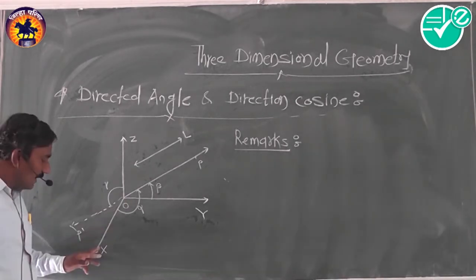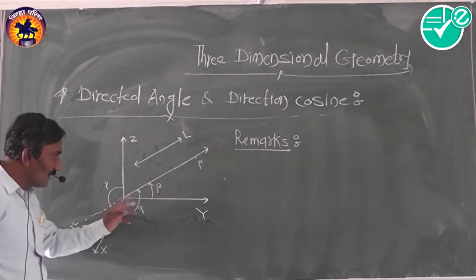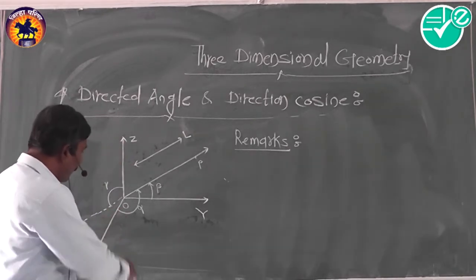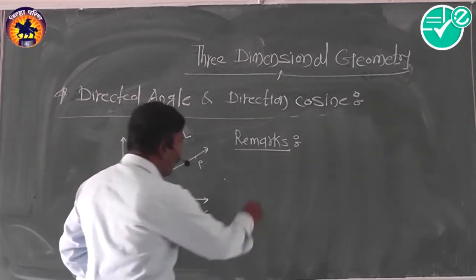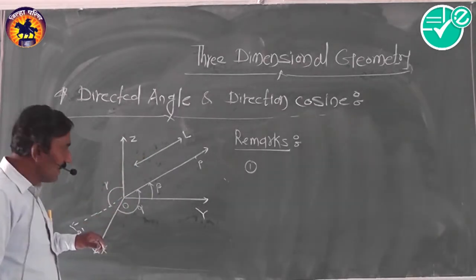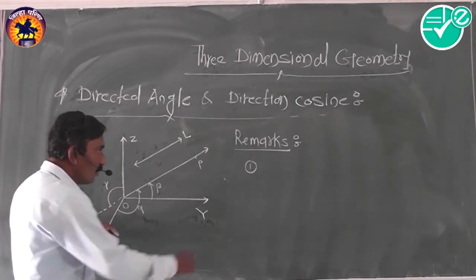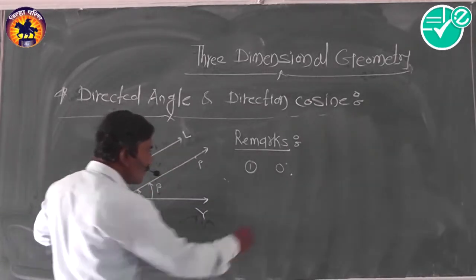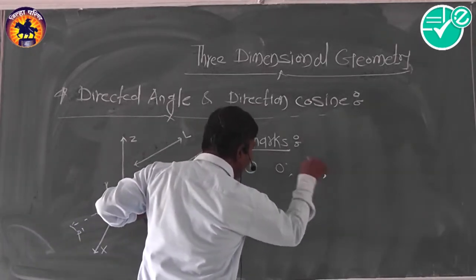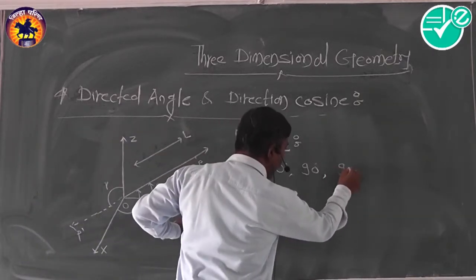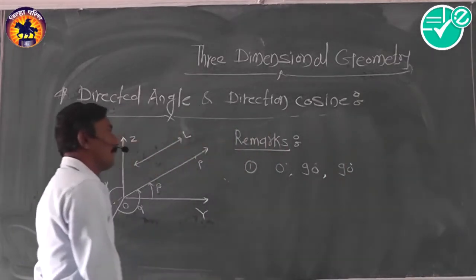The x-axis creates an angle of 0 degrees, the y-axis creates an angle of 90 degrees, and the z-axis creates an angle of 90 degrees.